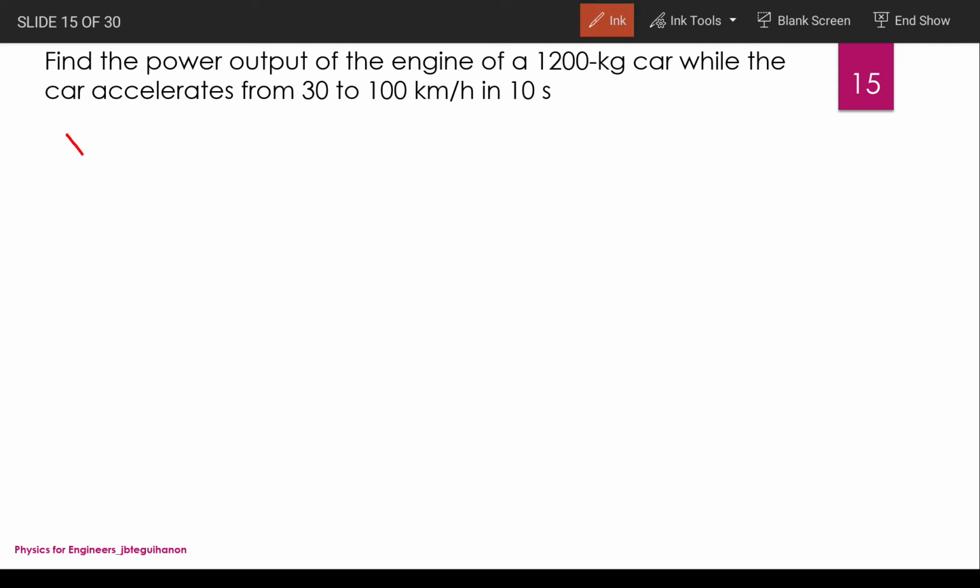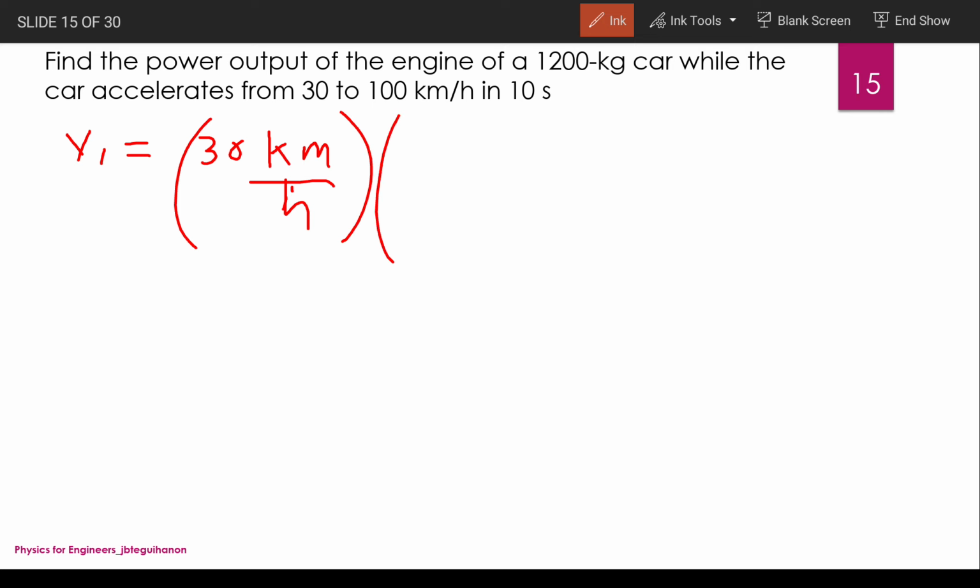So, velocity 1 is equal to 30 kilometers per hour, and then multiplied by 1,000 meters per kilometer. So in 1,000 meters, there is 1 kilometer.